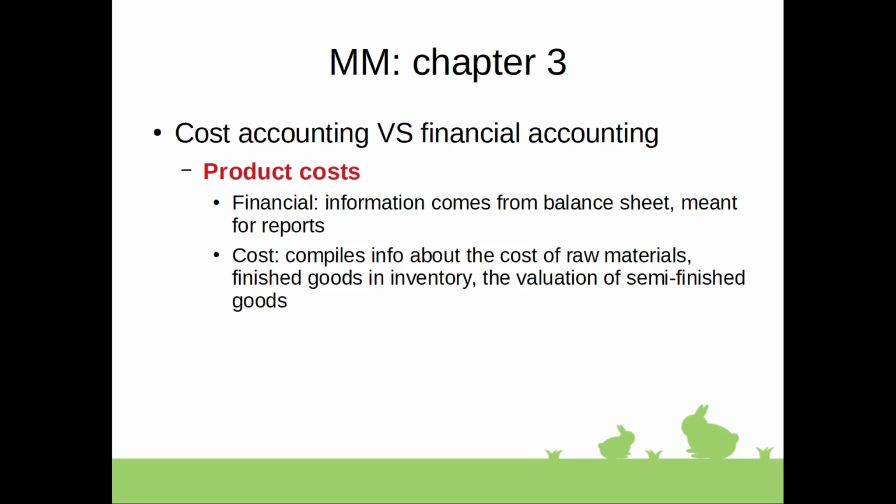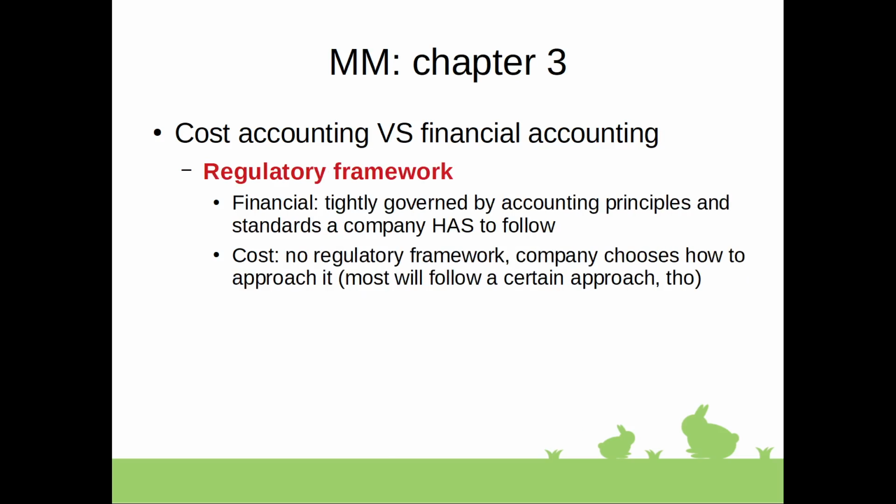All of this needs to be valued, and this is not convenient. So cost accounting will look at these using a very highly detailed eye. Okay, so not too important, this one, in my opinion.